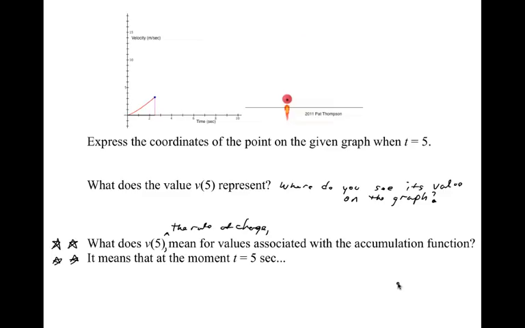What does that mean? What does V of 5 mean? So what does V of 5, the rate of change, mean for values associated with the accumulation function? This is the important question that we've been working on for the whole semester.